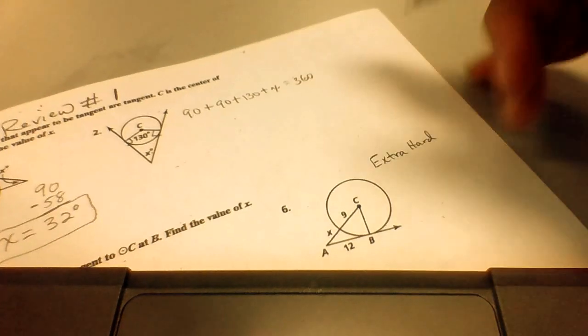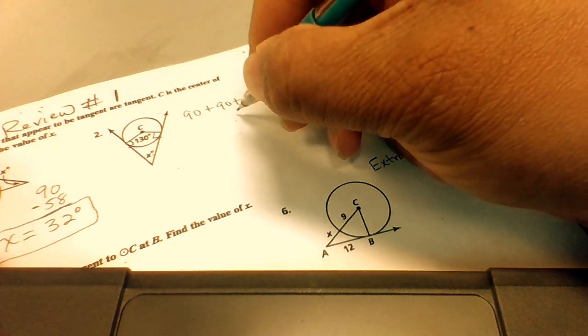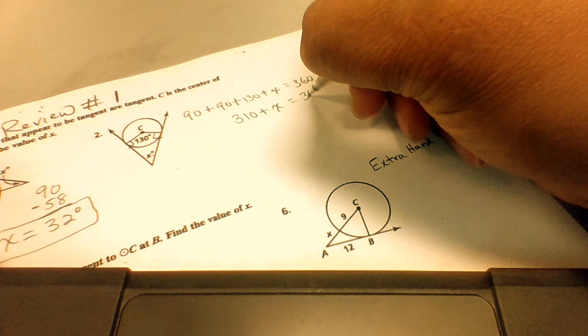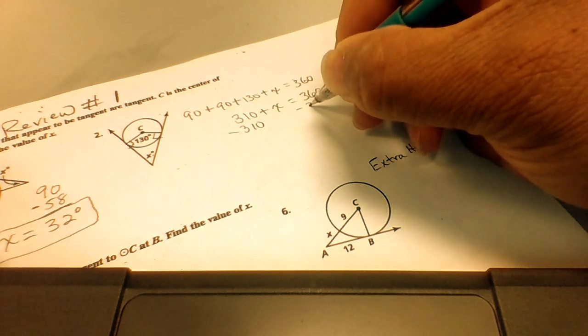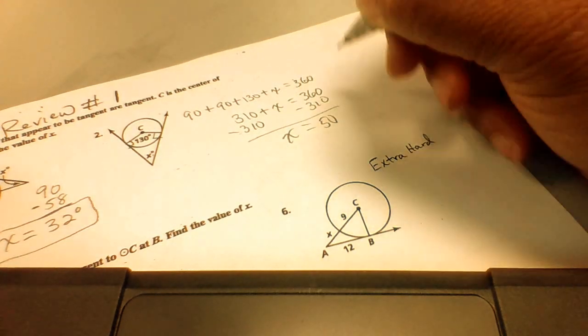So 90 plus 90 plus 30. Add all of this together, it's going to give you 310 plus X is going to equal 360. Subtract 310 from both sides. You get X equals 50.